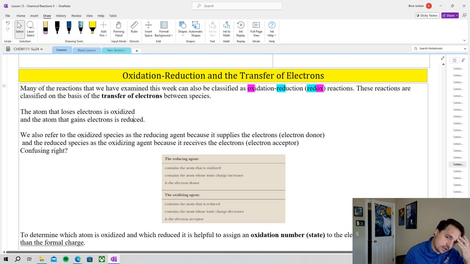So if we look at the reaction as a whole, that's not just the atom, but the entire species, we can refer to the oxidized species, the one that contains the atom that's reduced, as the reducing agent, because it supplies the electrons to the other one. I think I might have misspoken.